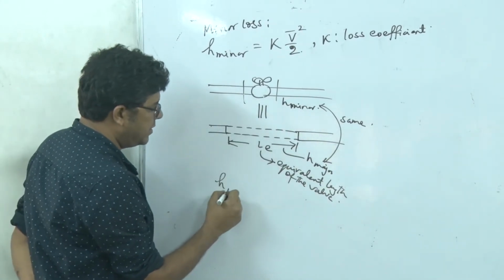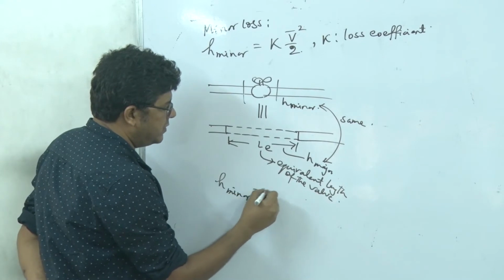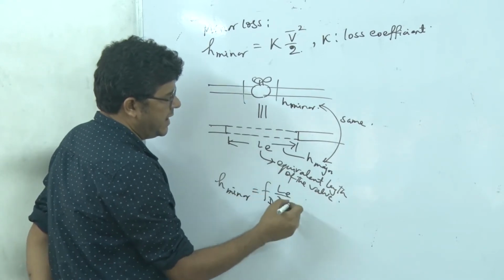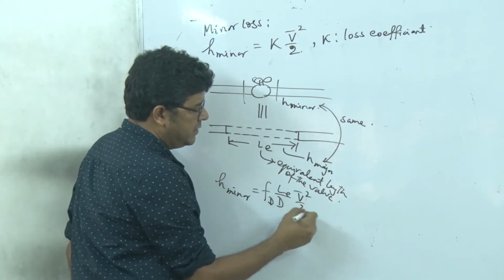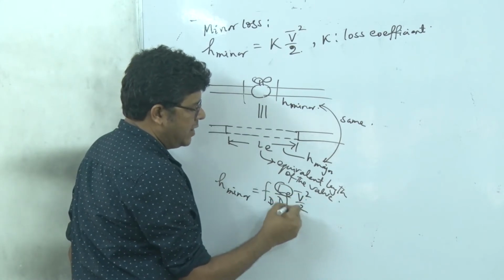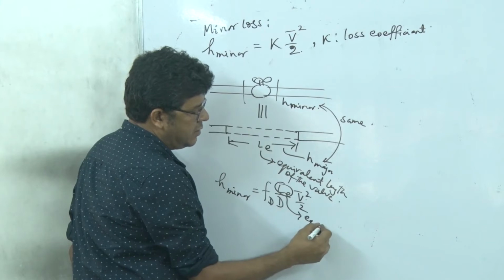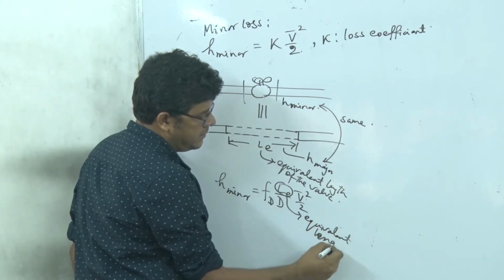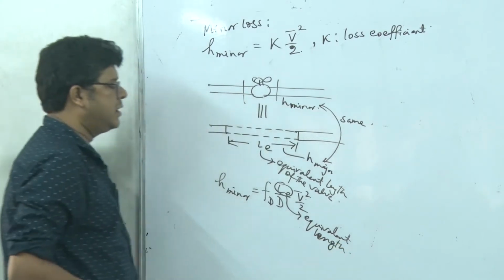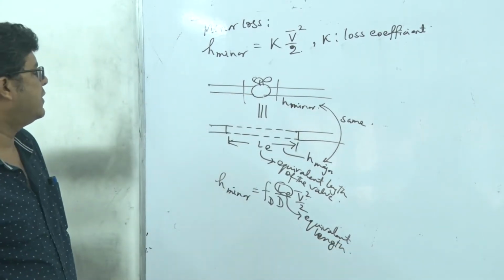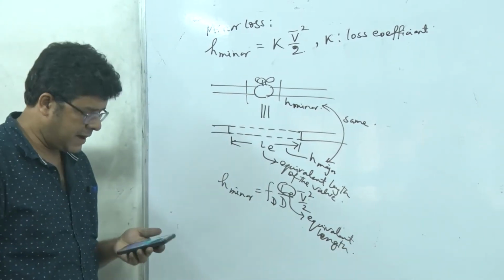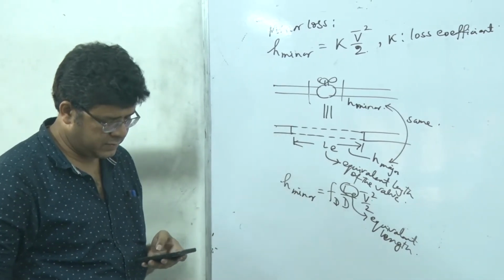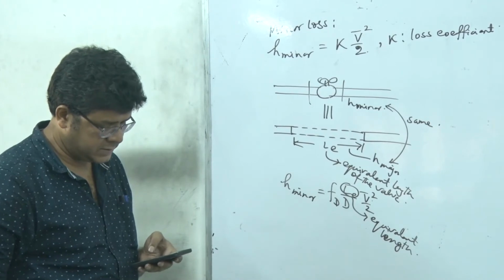So here we will use the same equation as that of major head loss, but L will be replaced by LE, the equivalent length. I have also listed a few values of LE in my handout.